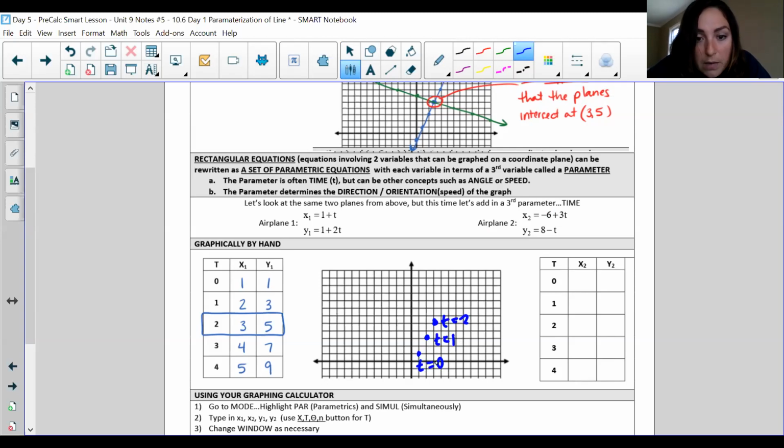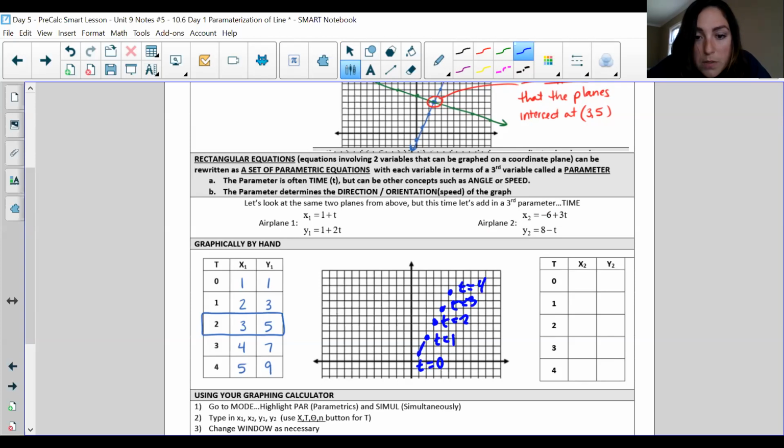And then 4,7 at time equals 3, and then 5,9 at time equals 4.